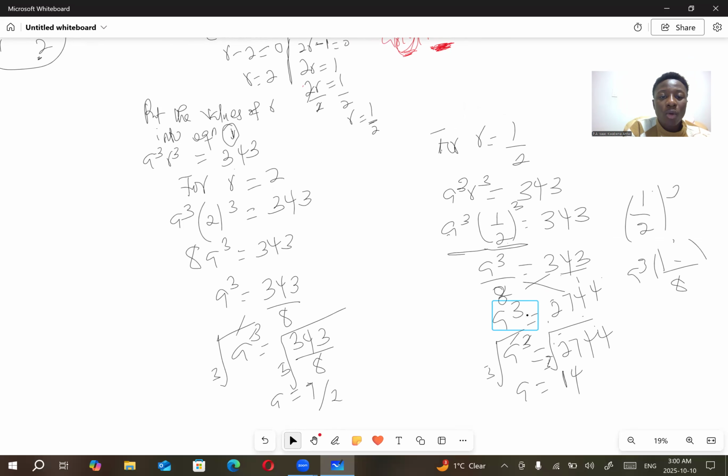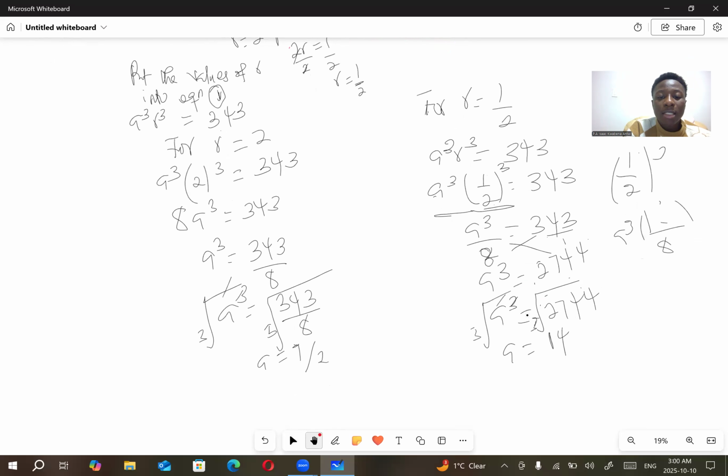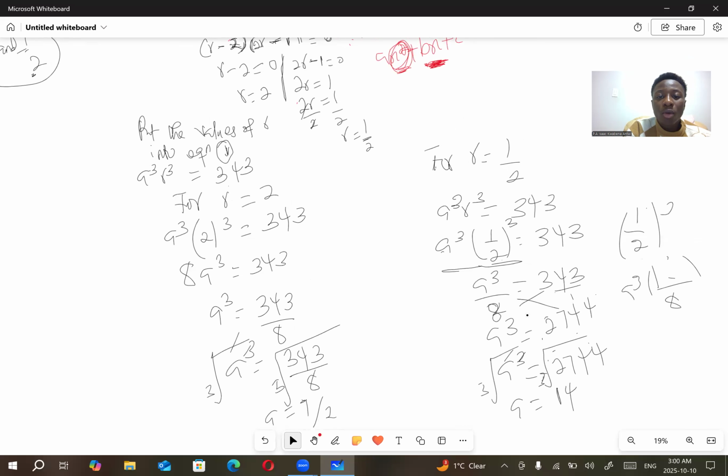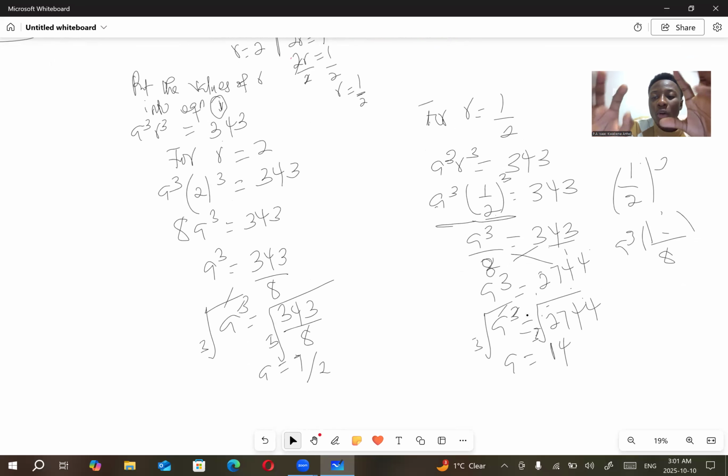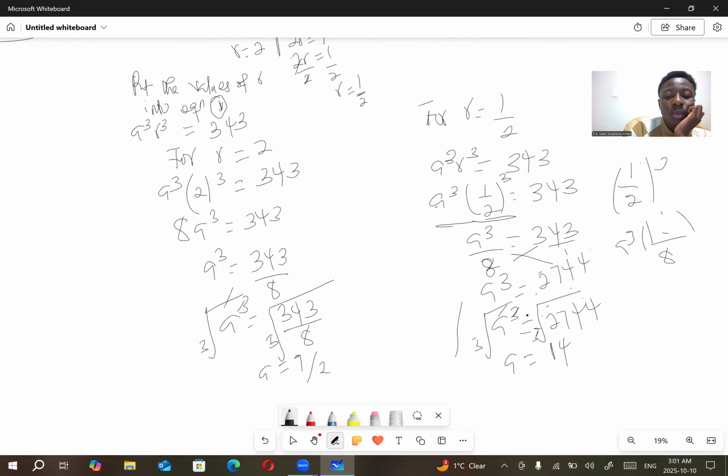If you are using R equals 2, it has its own A. If you are using R equals half, it has its own A. Any of this pair will give you the consecutive terms, so you can choose which one you like. Someone should use R equals half and A equals 14, and let me use R equals 2 and A equals 7 over 2.